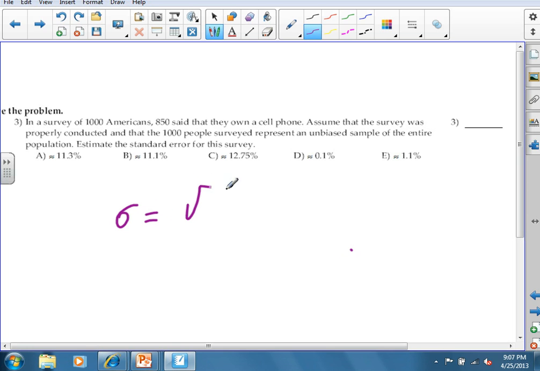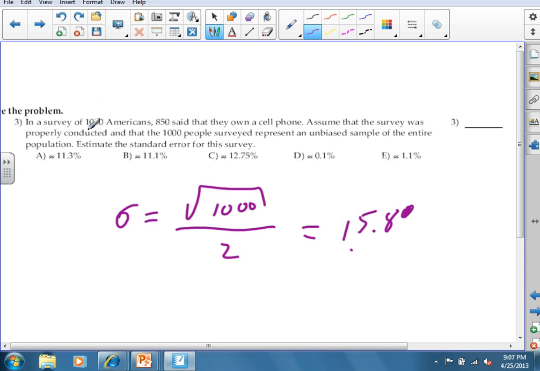Is that the square root of 1,000 divided by 2? That'd be the standard deviation, right? Square root of 1,000 divided by 2 is 15.8.